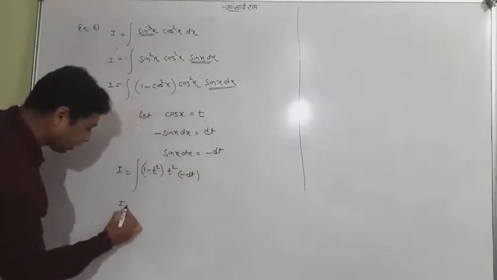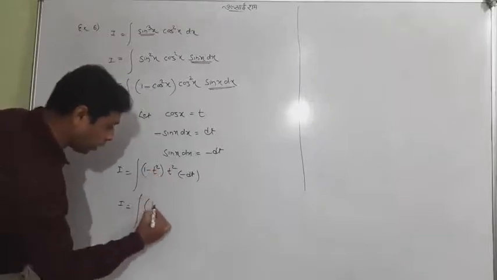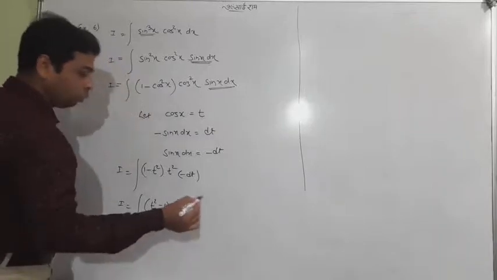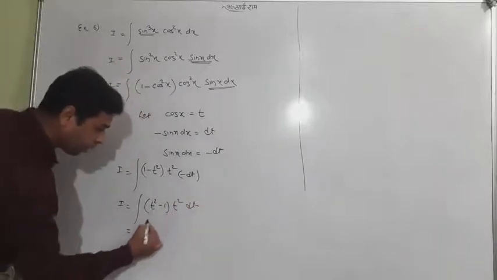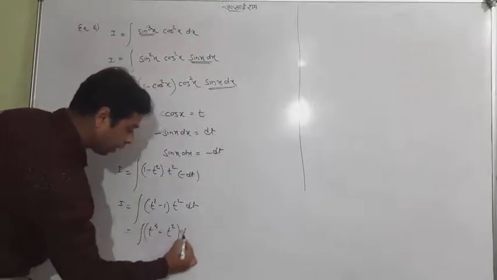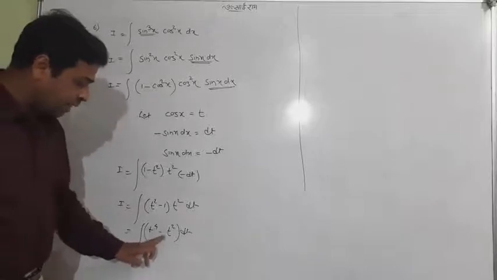What to do next? This minus you multiply in the bracket, it is going to be t square minus 1 into t square into dt. Now just multiply t square inside the bracket, it is going to be t to the power 4 minus t square. Now we have two simple integrals, t to the power 4 and t to the power 2.